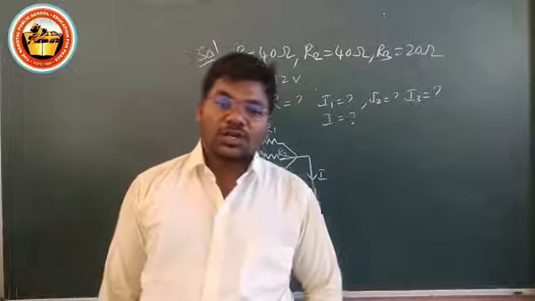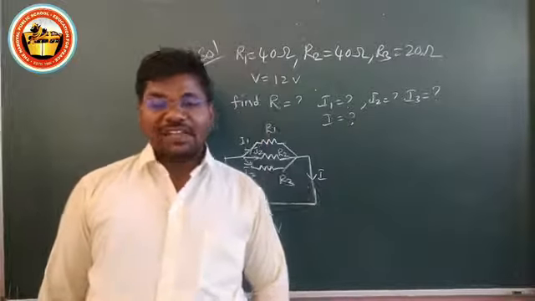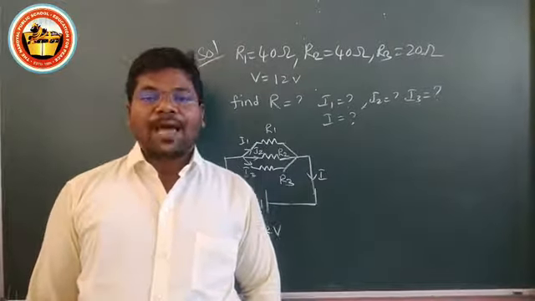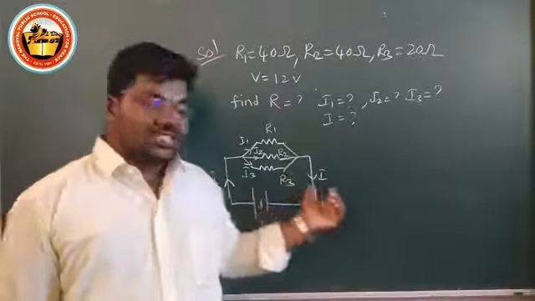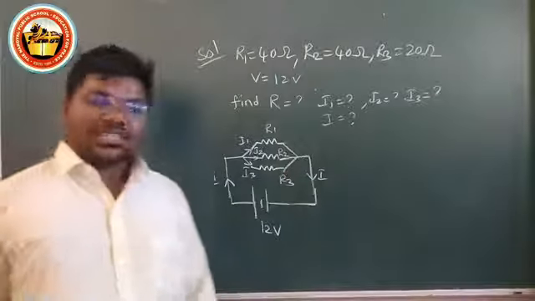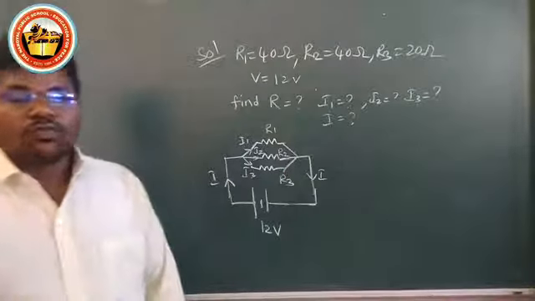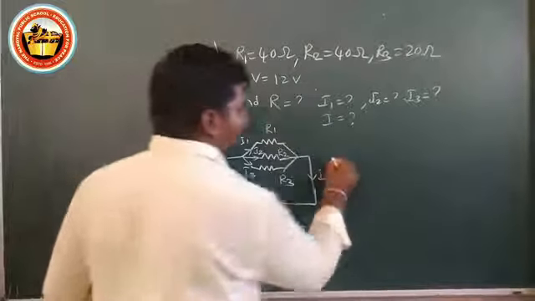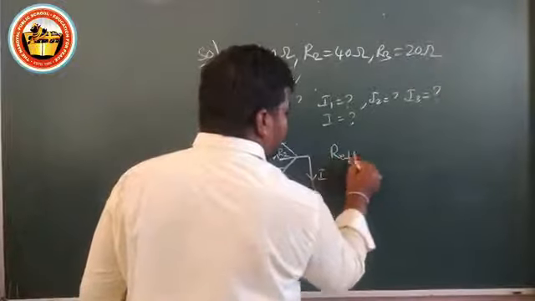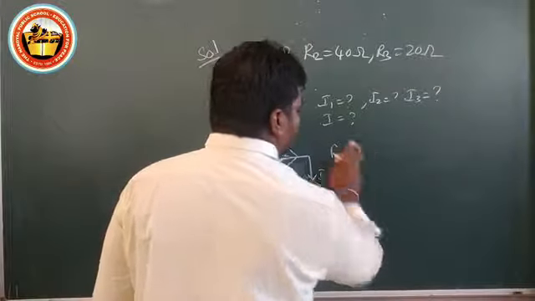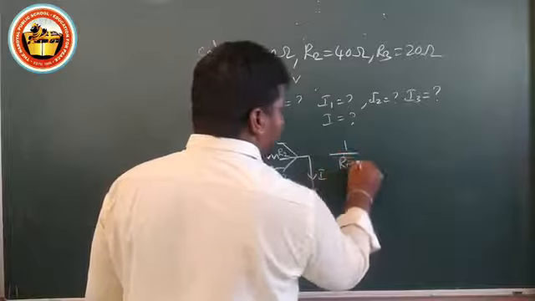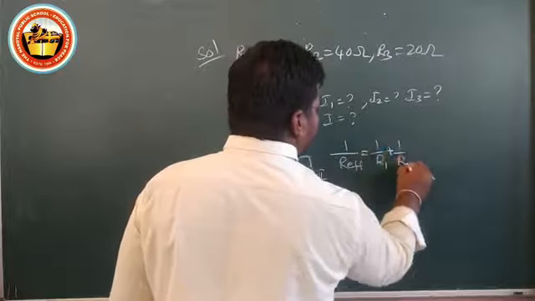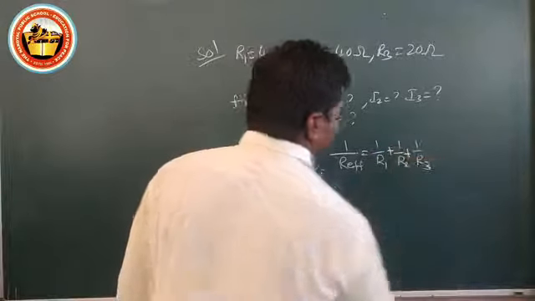First we have to find the effective resistance. These three resistors are arranged in parallel. So what is the formula required to find the effective resistance? The required formula is 1 by R effective equals 1 by R1 plus 1 by R2 plus 1 by R3.